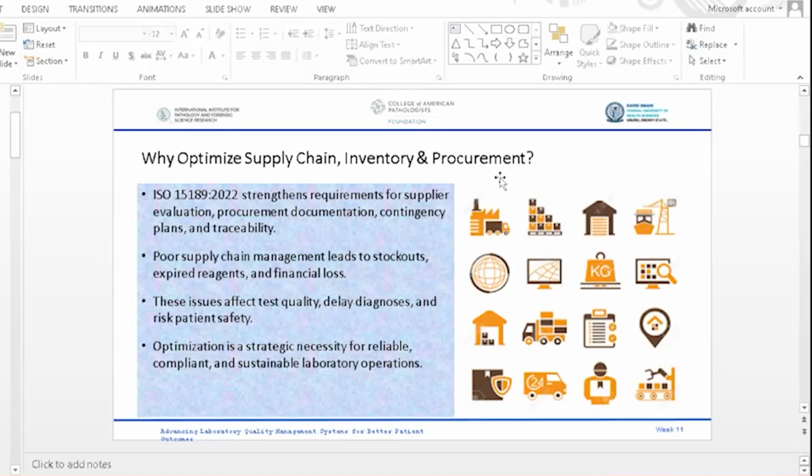ISO strengthens requirements for supplier evaluation, procurement documentation, contingency plans and traceability. Poor supply management leads to stockouts, expired reagents, financial loss, even reagent waste. These issues affect the quality of test results, delay diagnosis, and risk patient safety. Optimization, therefore, is a strategic necessity for reliable, compliant, and sustainable lab operation.